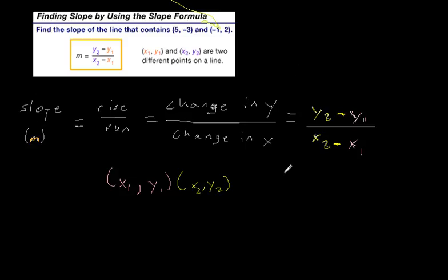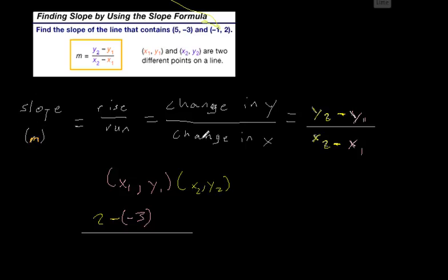Just pick one, so say 2, and minus -3 for y1. We'll put that over x2 here, because you had y2 here.